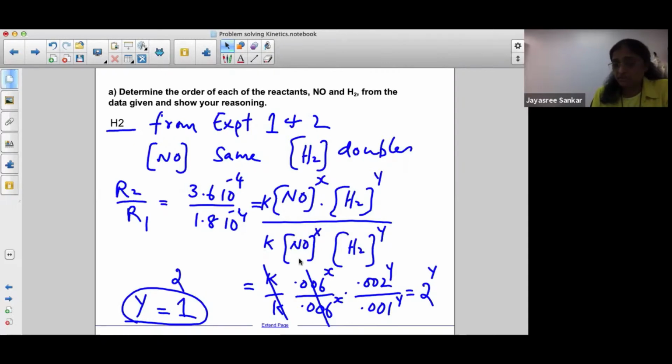And now you end up with 0.02 to the power Y over 0.01 to the power Y. When you simplify that part, you get 2 to the power Y. So what should be the value of Y so that 2 equals 2 to the power Y? Y should be 1. That's why when the concentration doubles, the rate also doubles, indicating first order. So with respect to hydrogen, it is first order.